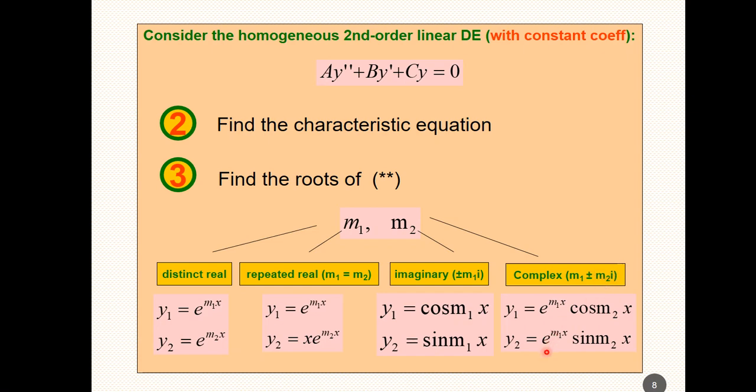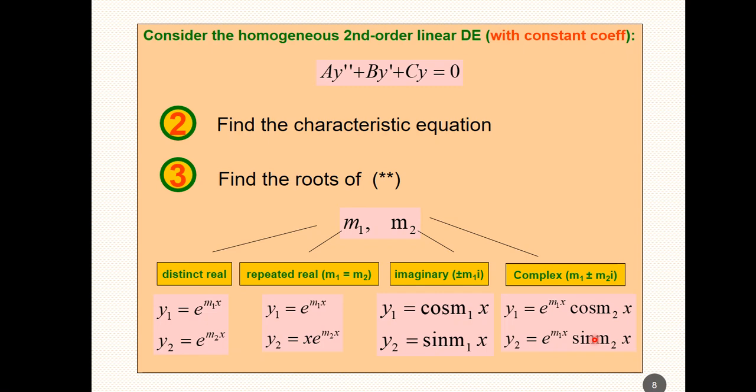And again, it will be e raised to m sub 1 x sine of m sub 2 x. So the sine accounts for the negative m sub 2 i. The cosine accounts for the positive m sub 2 i. The real part of this complex root is actually the exponential function, whose argument is the real part of these complex roots, and it's being multiplied to the cosine and sine function.